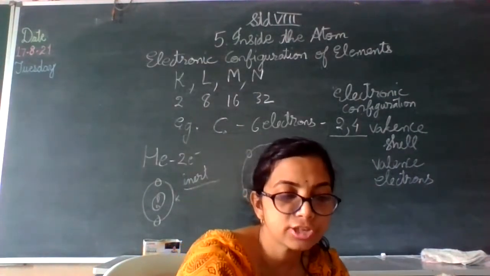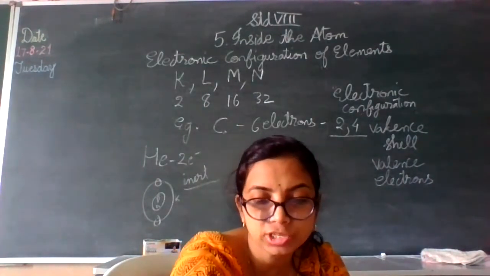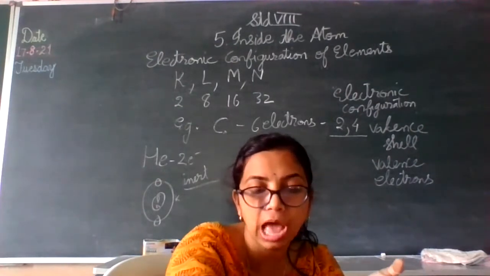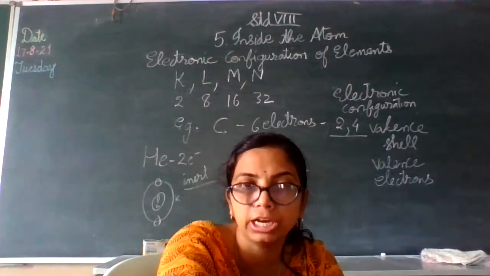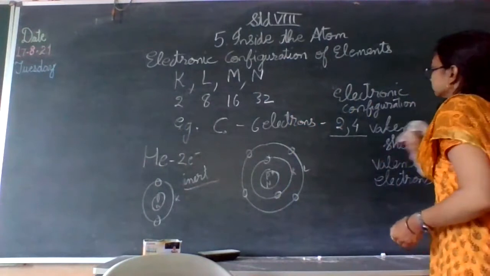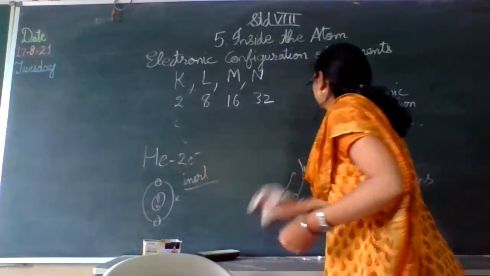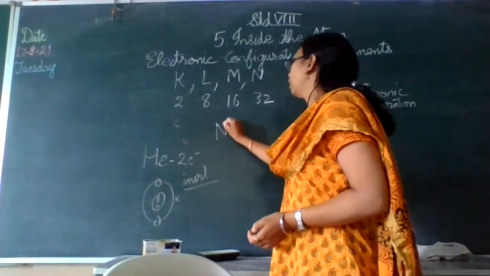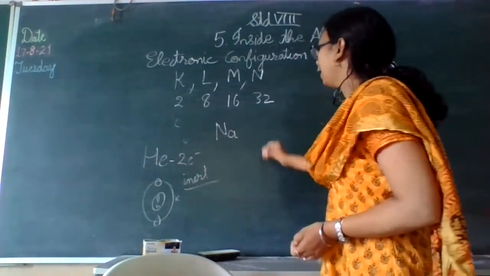Sodium. In case of sodium, the common salt that you eat, sodium is having total how many electrons? 11 electrons. The sodium formula is Na.